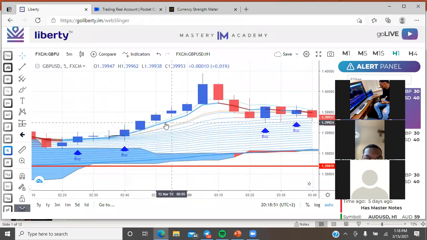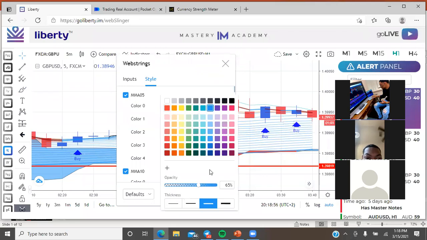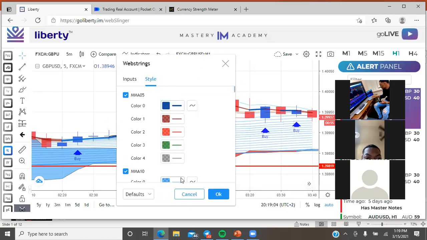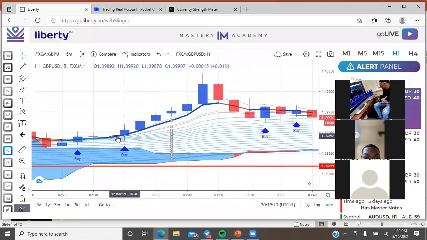The chart don't want me to be great. There we go. Make it darker so y'all can see it. This thick blue line right here, this is your third confirmation.